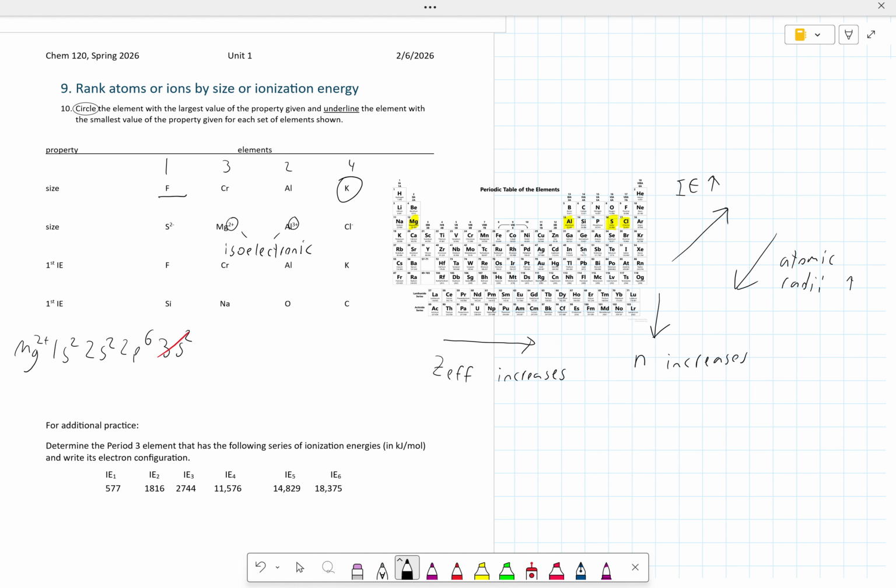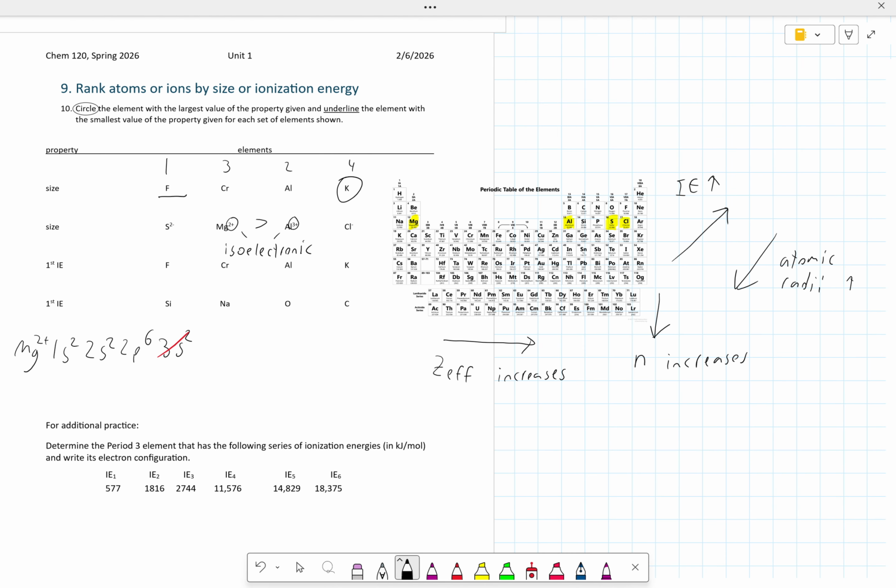And here I can see that aluminum versus magnesium, aluminum has 1 extra proton due to it being atomic number 13 compared to 12, which means that the Z effective will be bigger in aluminum than magnesium, and that will hold those electrons tighter than magnesium. So I expect that my aluminum radii will be smaller than magnesium 2 plus.